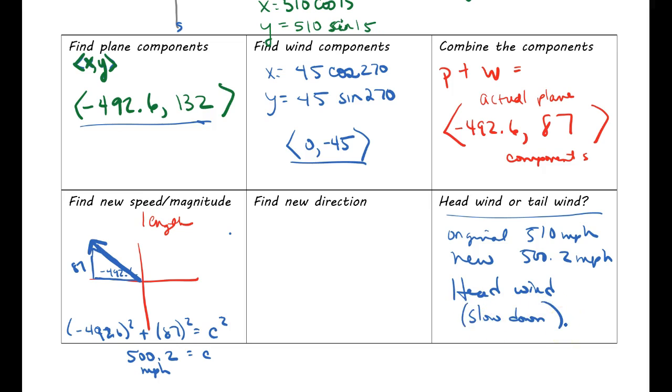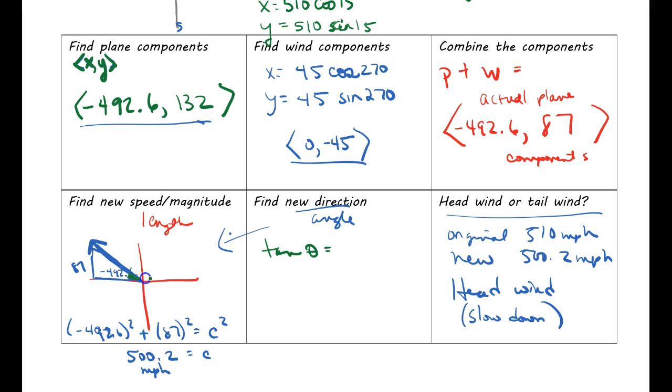All right, cool. So now what about the new direction? Well, the new direction, guys, is just the angle. So take our same picture from this box and let's look at how we would find this angle in this corner right here. Well, just SOHCAHTOA stuff. That's really all it is. You know the y, you know the x, and that would be the opposite and the adjacent, so I'd probably just use tangent.